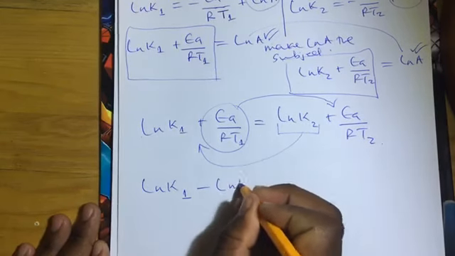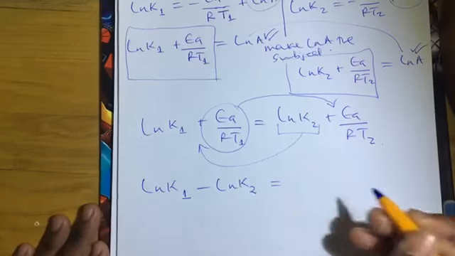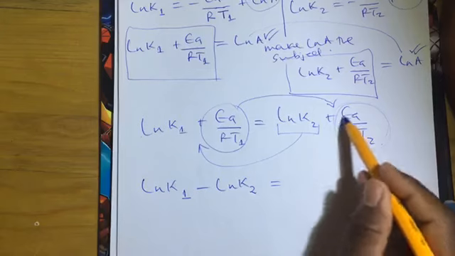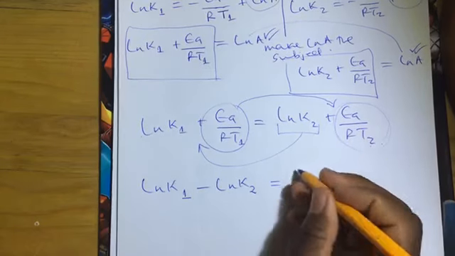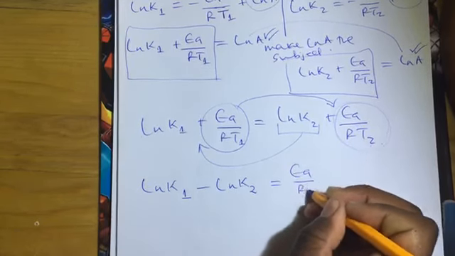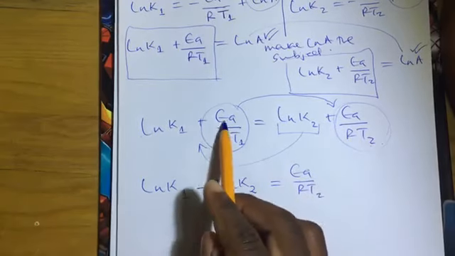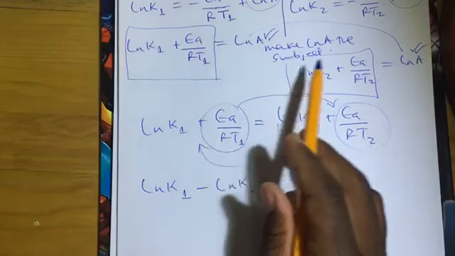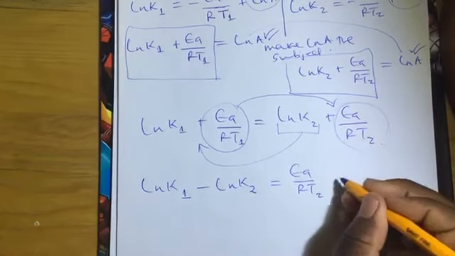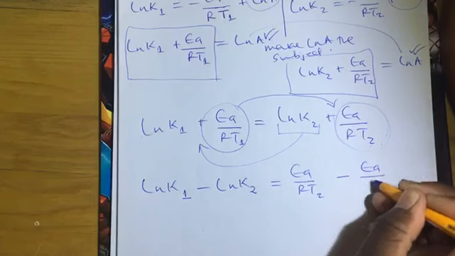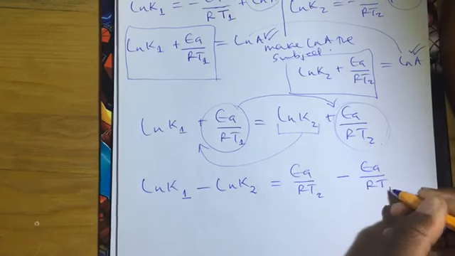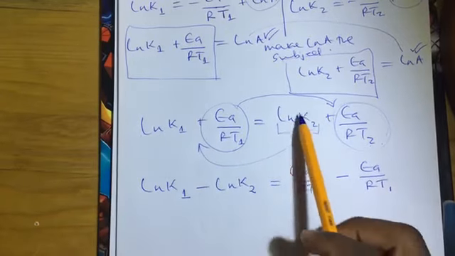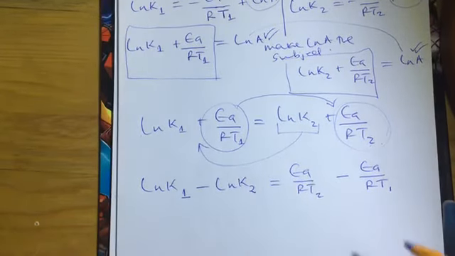So negative ln K2 is equal to, this EA is positive, so I'll write it first, the one that has T2. This is going to be EA over RT2. This EA, the one that has T1, is positive. When it crosses over, it's going to become negative. So minus EA over RT1. I hope you've seen this. So this has become negative on this side.